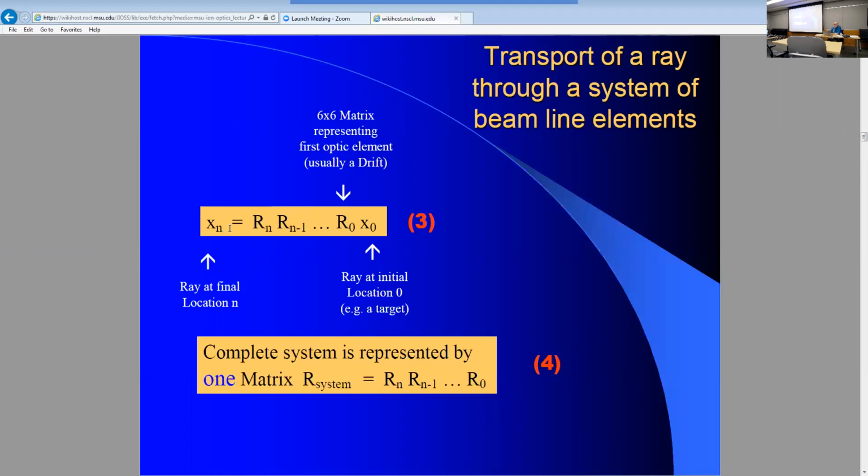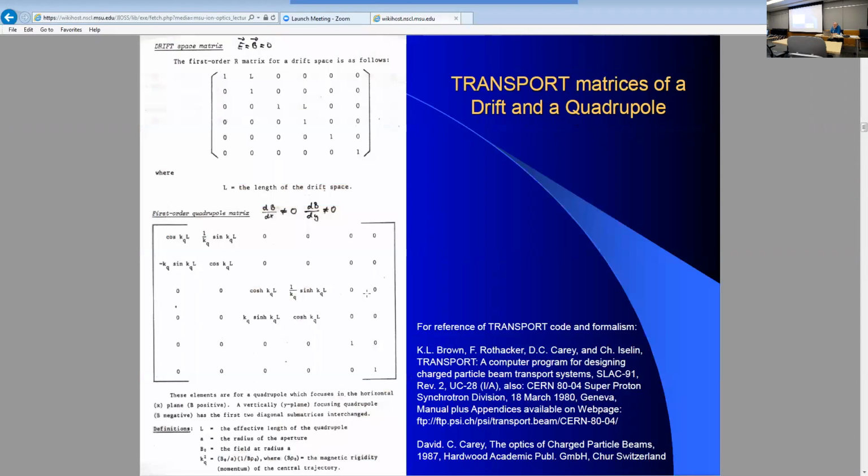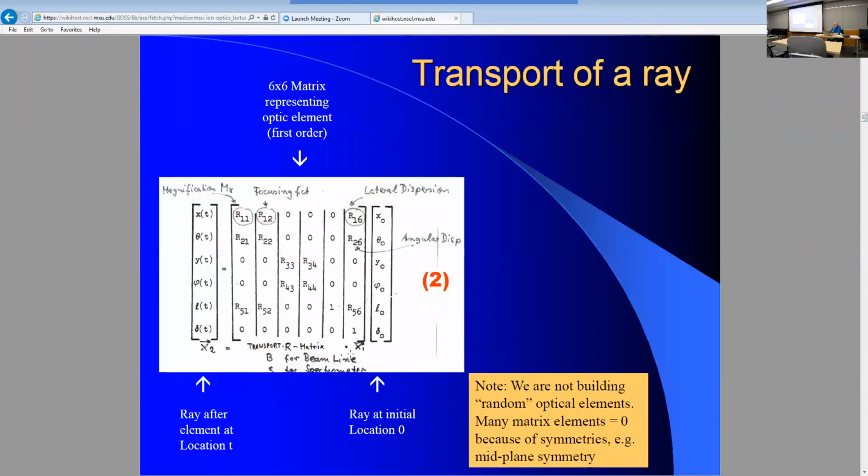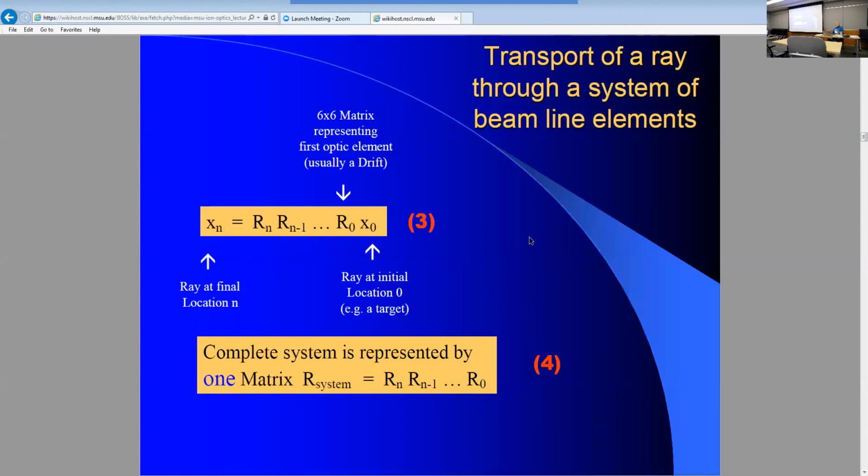But anyhow, what we want to learn here is, despite the fact that we have a long system, many dipoles, many quadrupoles, in first order, ultimately the product of this is just one matrix, which looks very similar to the matrix like this. So if you're confused by all these many elements, think of them just as one matrix.